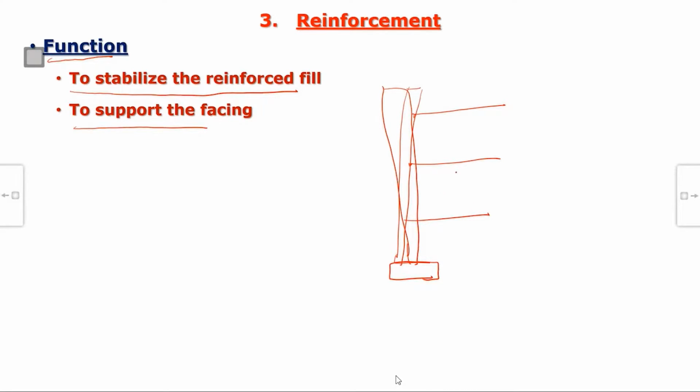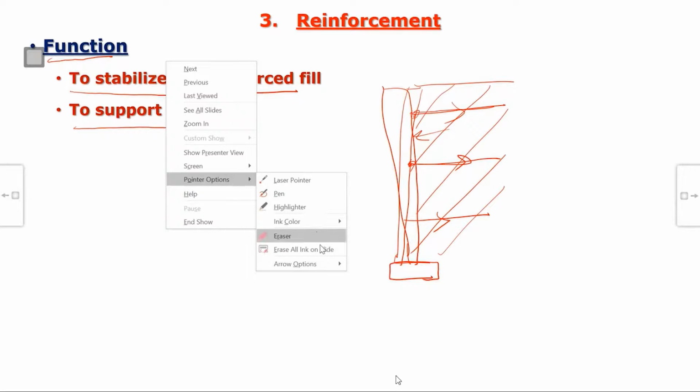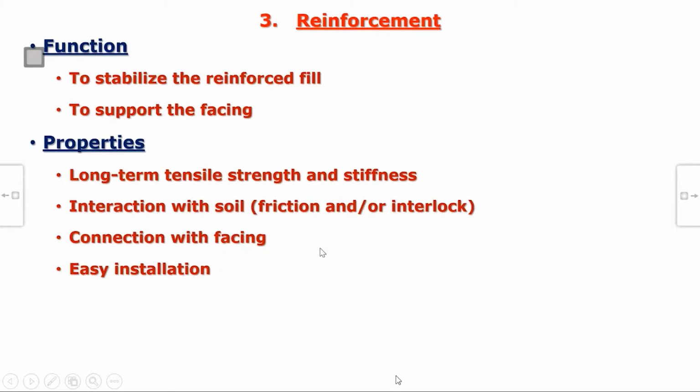It acts like a stay behind this fascia, and then our select fill or reinforced fill is there. When reinforced fill is trying to push it outside, this provides a counterbalance and acts as a stay. So this supports the facing also. That is another function of reinforcement.